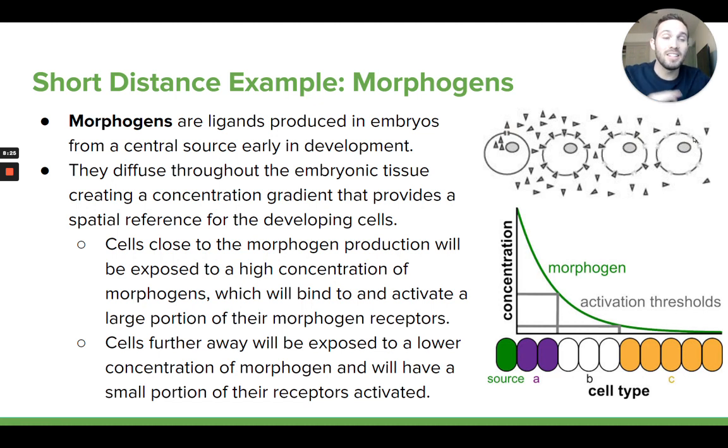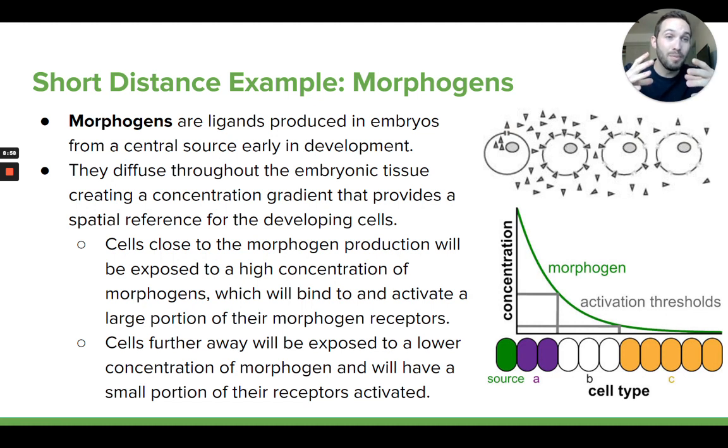Depending on what proportion of your morphogen receptors are becoming activated, it's going to trigger different cellular responses. In this case, it's going to cause certain genes to turn on in these cells. To keep it overly simplified, let's say if close to all of your morphogen receptors become activated, that's going to trigger a certain set of genes that then tell this cell to start developing into a certain type of cell.